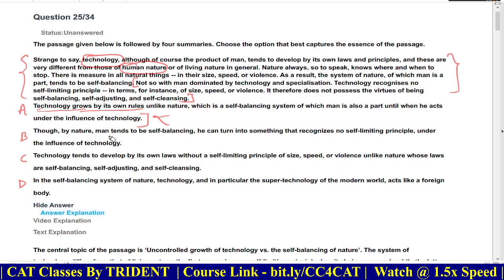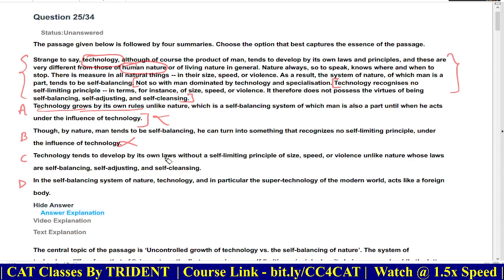Though by nature man tends to be self-balancing, he can turn into something that recognizes no self-limiting principle under the influence of technology. This is also extrapolating on the idea that technology recognizes no self-balancing, but it is not that there is a menace of the technology through which a man gets influenced.